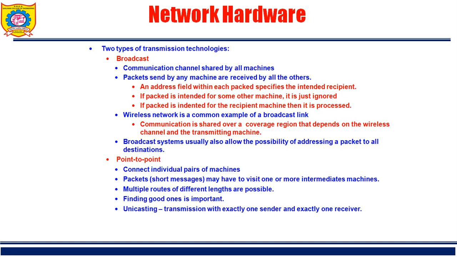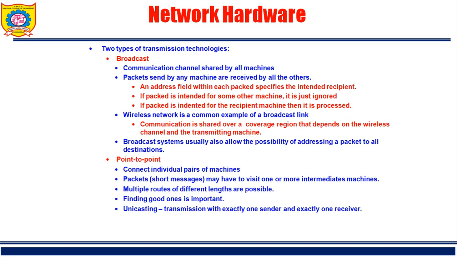Packets sent by any machine are received by all others, but only the intended recipient processes it. An address field within each packet specifies the intended recipient. If the packet is intended for some other machine, it is just ignored. If the packet is intended for the recipient machine, then it is processed.